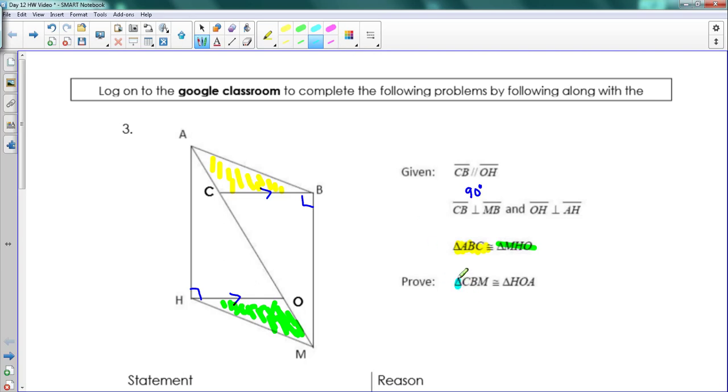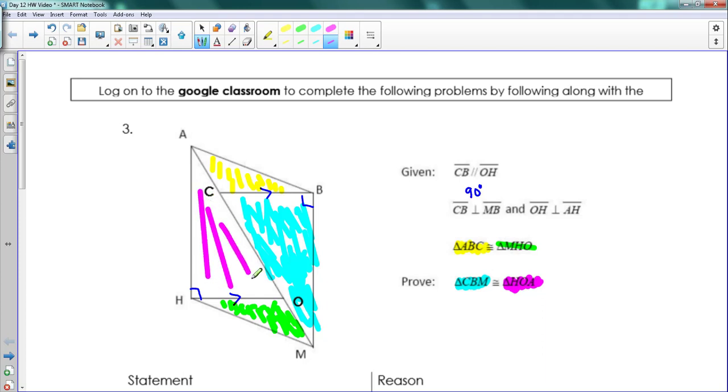So we're trying to prove then that triangle CBM, so this triangle here, this blue triangle, is congruent to triangle HOA. Alright, so what do we know right now?